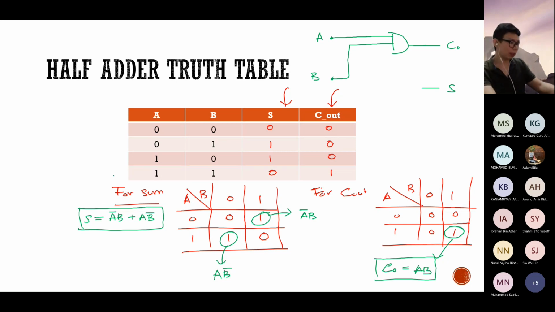What about sum? Sum is A bar B, and then you have A B bar. So you have two AND gates, and you have an OR gate like that, and these two AND gates go into this OR gate. So the first one is A bar and B. Over here we have A, so we draw it like this, and then we go to a NOT gate that gives A bar, and then it takes here, and B goes into the first AND gate.